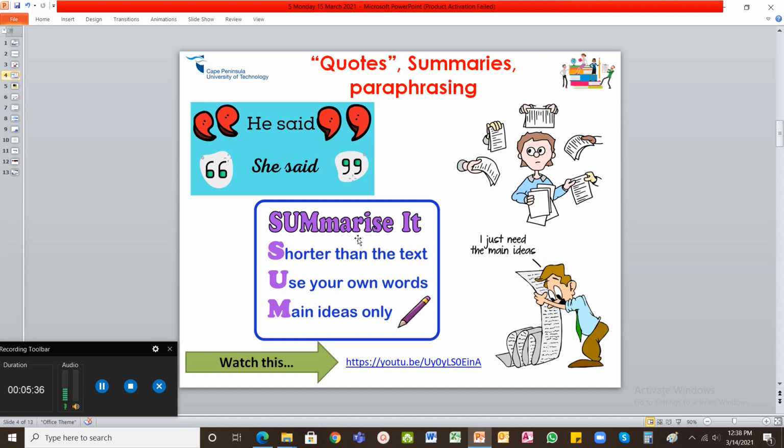You're not losing what the author was actually trying to say. You don't change the meaning, but you summarize the full long story into the key points. So if you look here, summarize, SUM, sum. It is shorter than the text. You use your own words and you only use the main ideas.